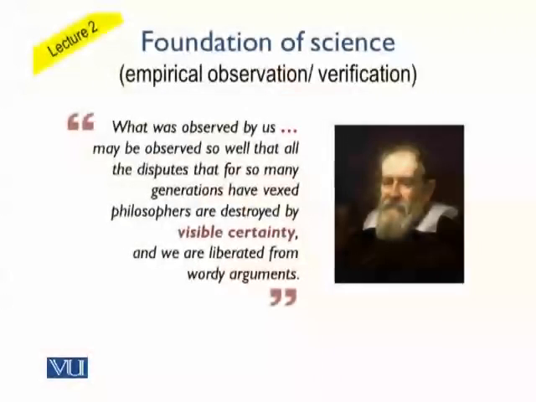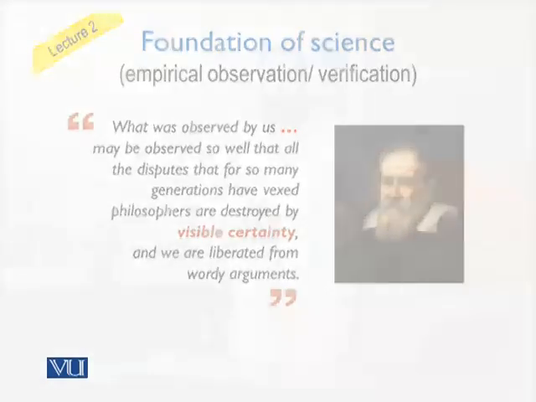We've earlier seen how important empirical observation is to the scientific method. I will reproduce a quote I've already cited from one of the pioneers of the scientific method, Galileo, who said that the benefit of empirical observation is that we make judgments on the basis of visible certainty and we leave behind armchair speculation, because before the scientific method became commonplace, most of the knowledge was decided without actual recourse to practical experimentation.